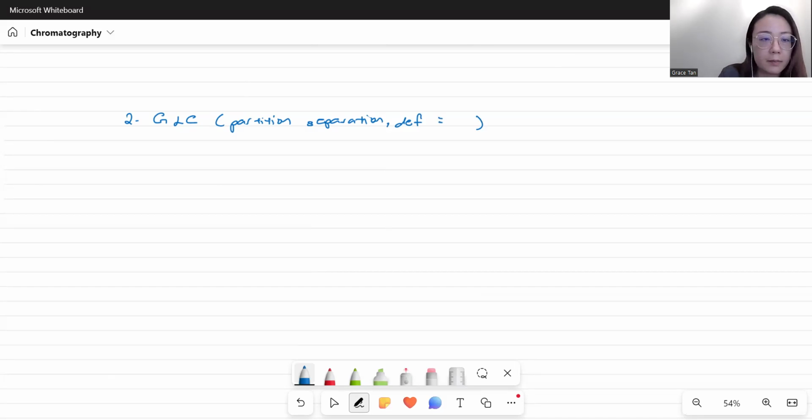Now, part A. What is the mobile phase for your gas liquid chromatography? You want to put an inert gas.